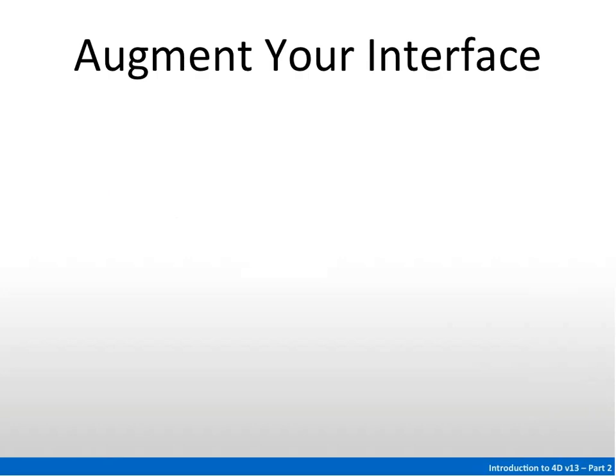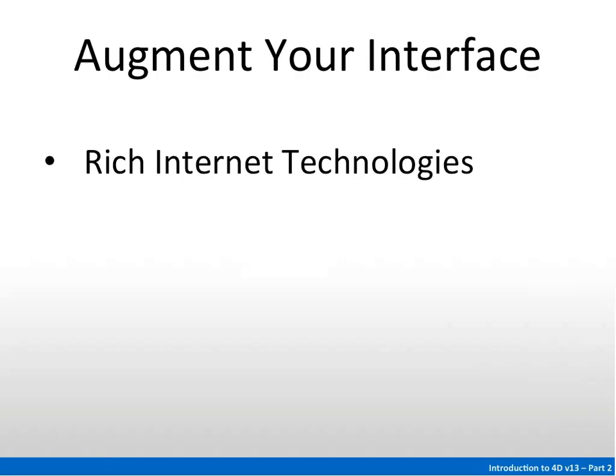Perhaps you can improve that interface, you can augment that interface by embedding a web area and leveraging some of the rich internet technologies that are out there. So rich internet technologies, I'm talking about things like JavaScript, HTML5, CSS3.